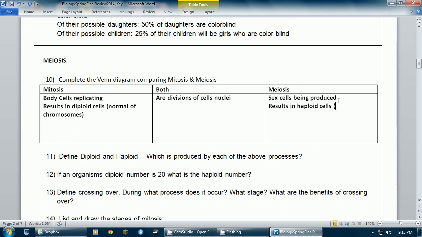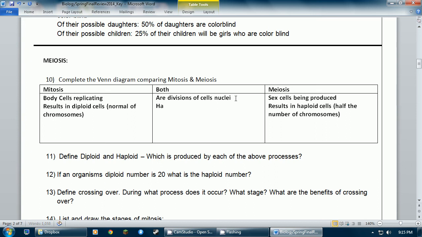So even though technically it means one number of chromosomes, it sounds like half. So that's really the easier way to remember it: it's half the normal number of chromosomes. Oh, both have to separate DNA, of course.